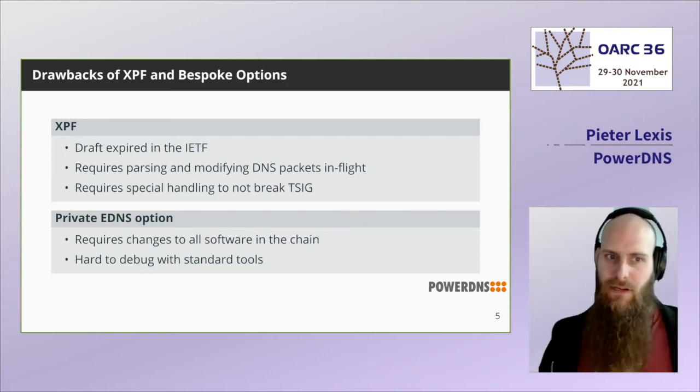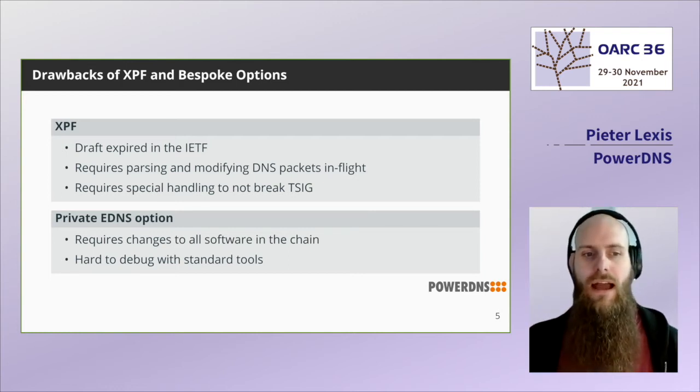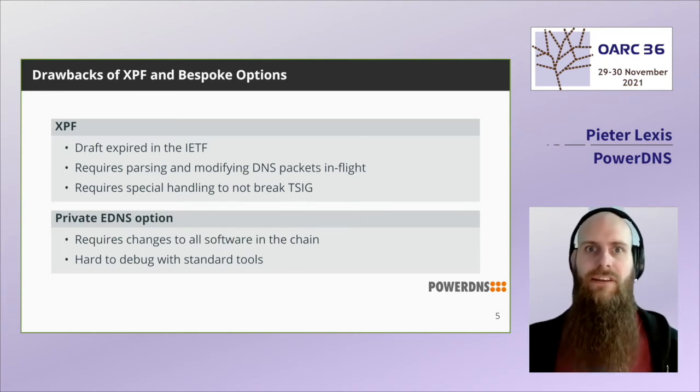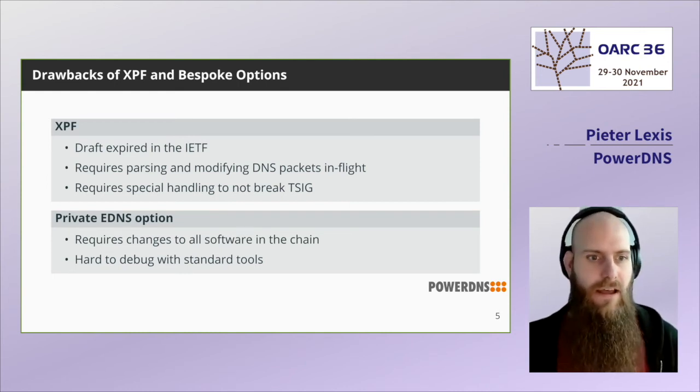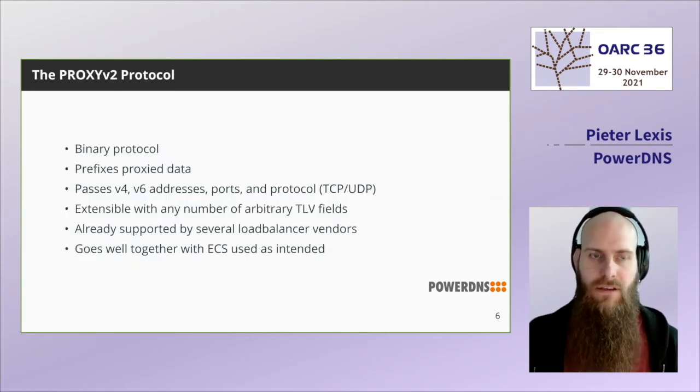And then there are private or bespoke eDNS options. This requires changes to all the software in the chain, and of course, it is not standard or well documented, and it can be very hard to debug with any of the standard tools that exist.